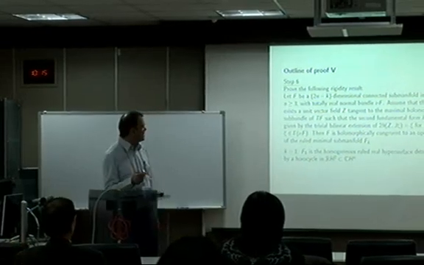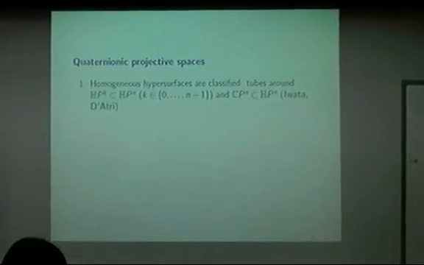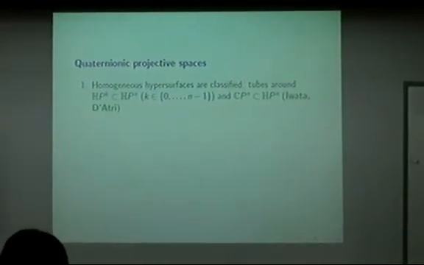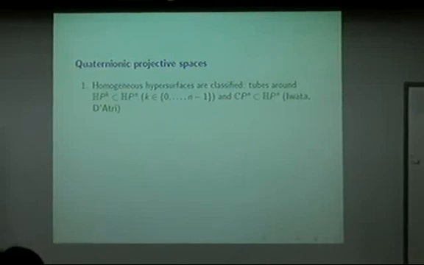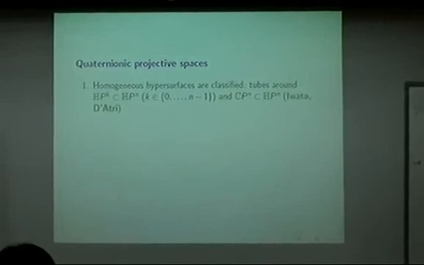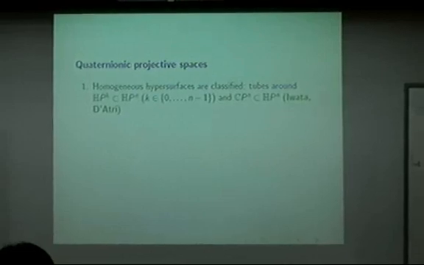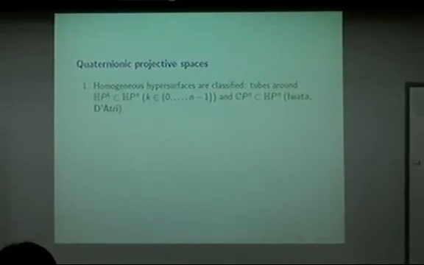And so let's start with the quaternionic case. When we are in a quaternionic projective space, okay, so again, my main aim is to understand the structure of submanifolds which have the same shape at every point, and homogeneous hypersurfaces are the most elementary examples of such submanifolds.